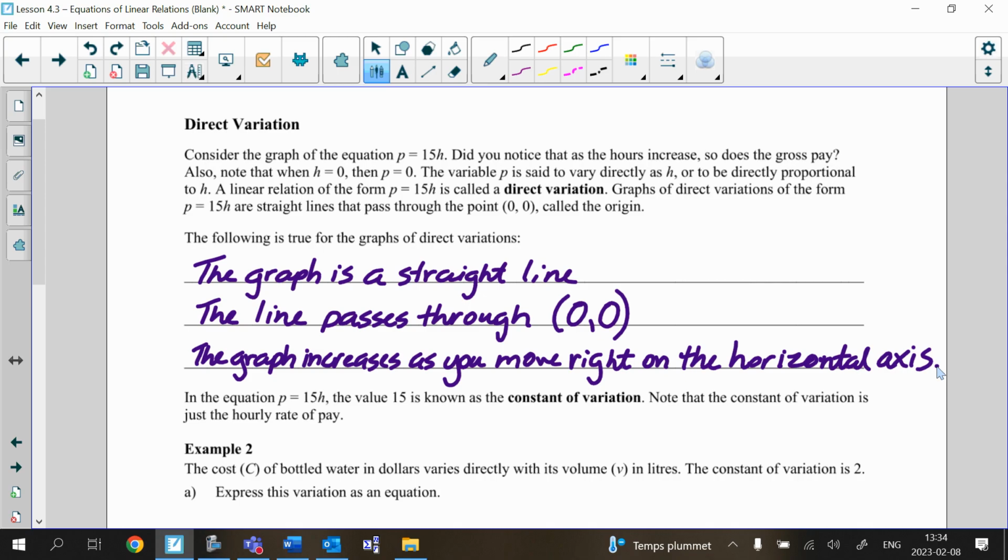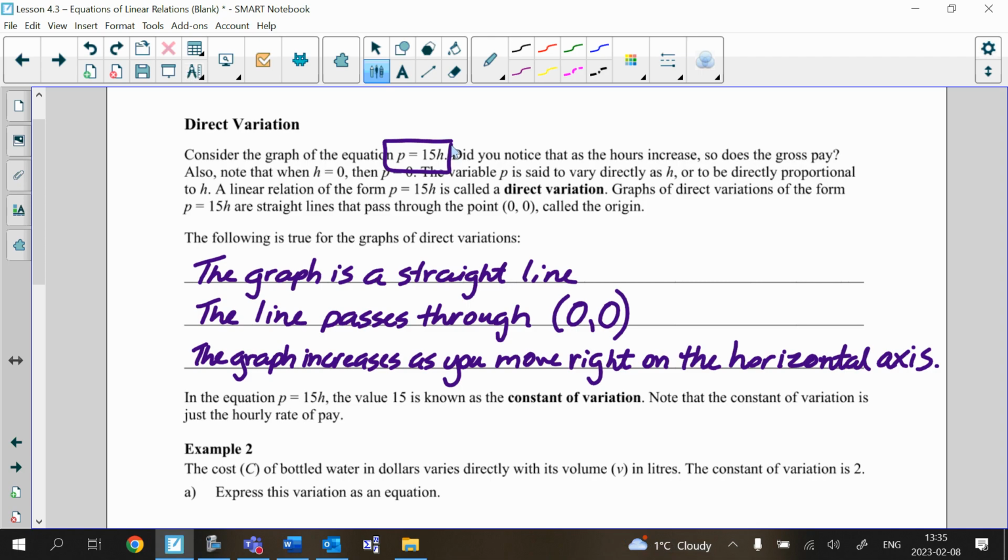A direct variation always looks something like this. One variable equals some number times another variable. There's nothing else in the equation. If you see an equation that has just those things in it, automatically you can say it's direct variation.